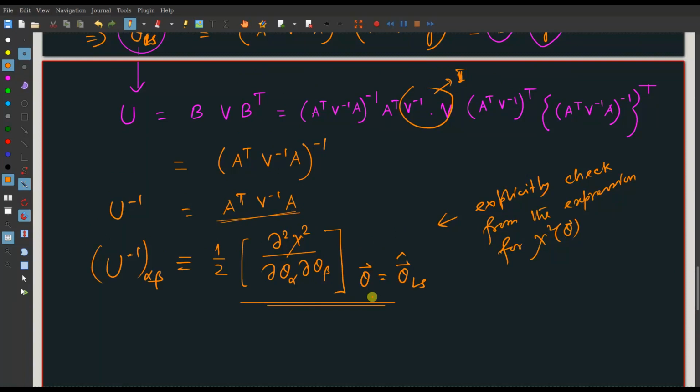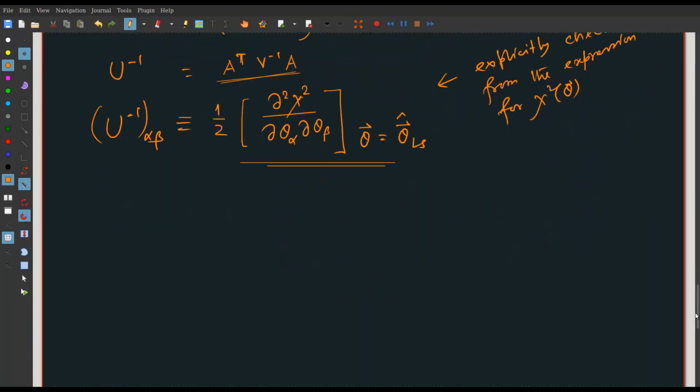Now, I guess it is a good time to remind you about this RCF inequality that we discussed in the previous class. I told you about the variance of the maximum likelihood parameter, or rather the covariance matrix of the maximum likelihood parameter.